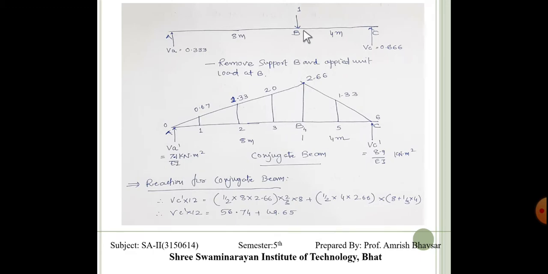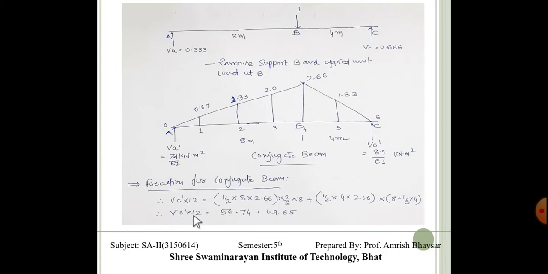So this is our conjugate beam for this unit load, and the reaction for that is 7.1 kilonewton meter square upon EI, and here 8.9, and this is calculated somewhere over here.